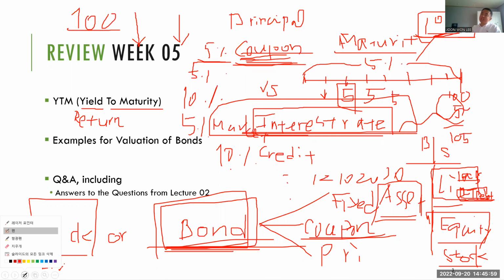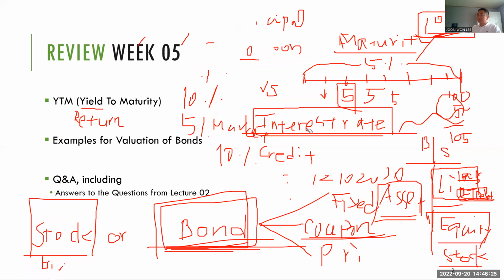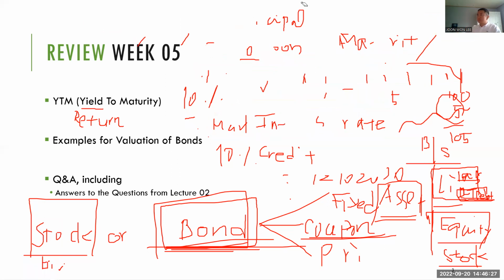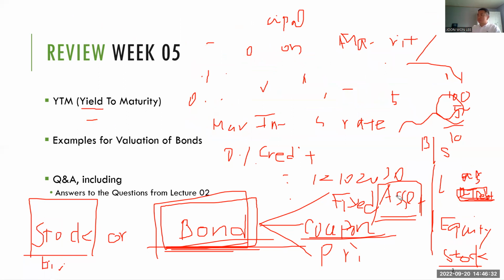Yield to maturity is basically a market interest rate, because as far as the price is market based, the yield to maturity is going to be a market rate. So let me explain this way. Just a minute.